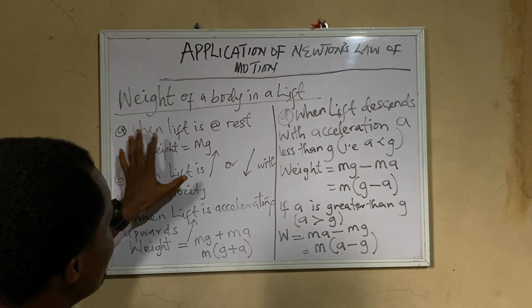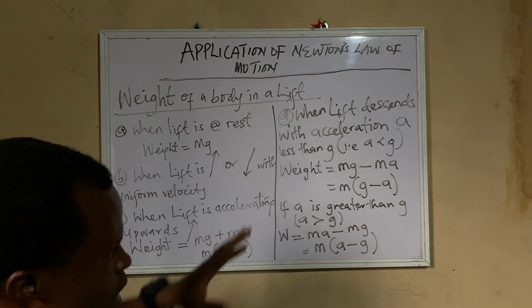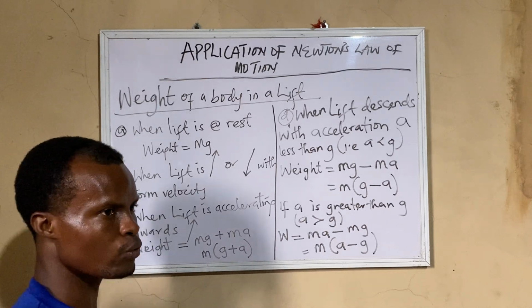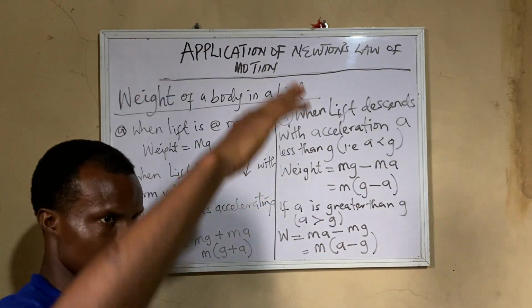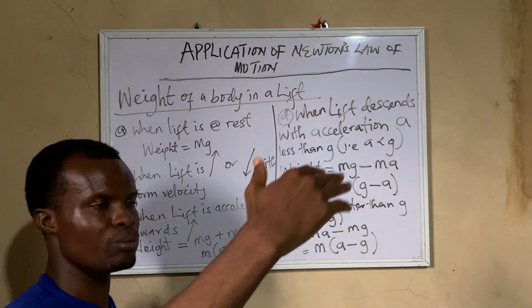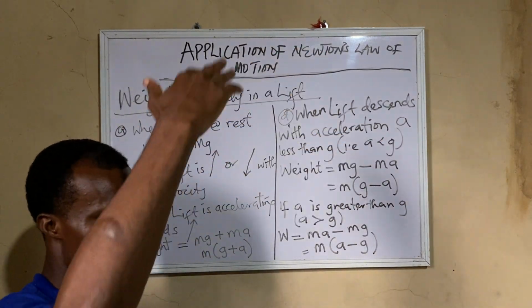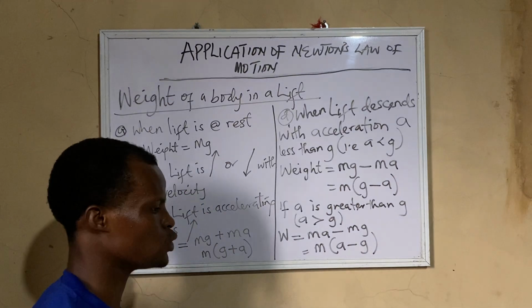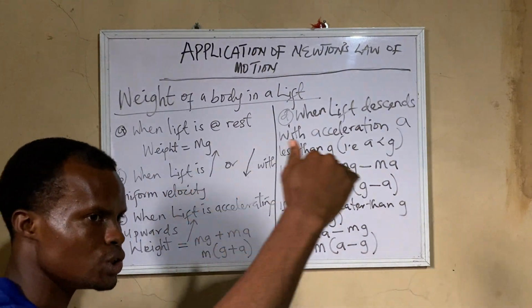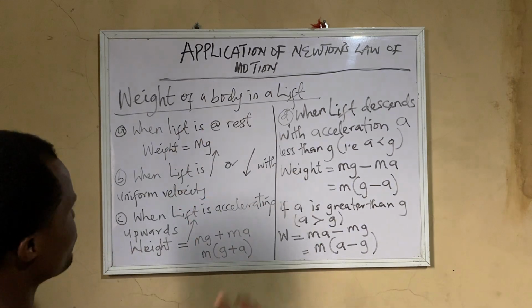So now we have the weight of a body in a lift. The lift, like I said, just allows people to move up or down a building that has more than one story: two, three, four, five, six, as many stories as that. The lift transports you from one floor to the other, first floor, second floor, third floor.